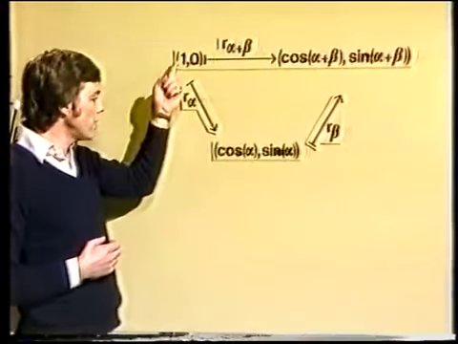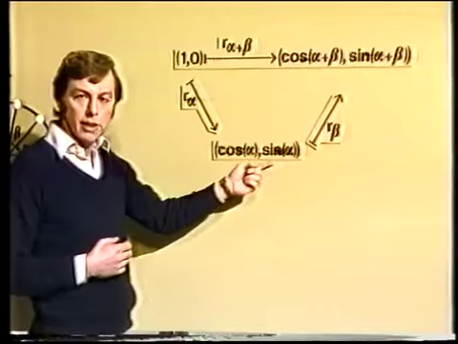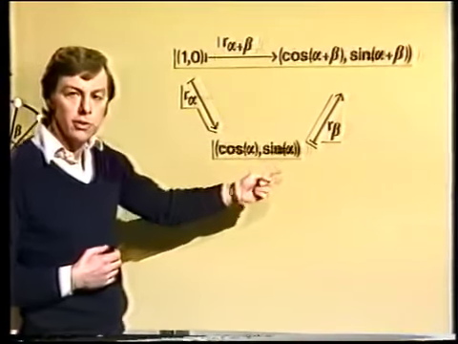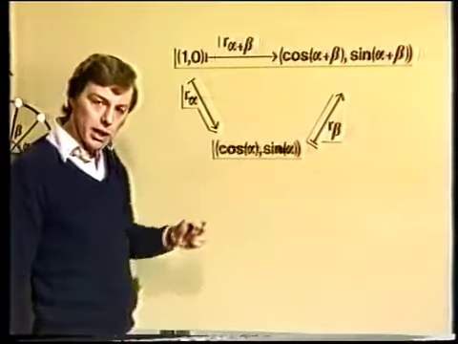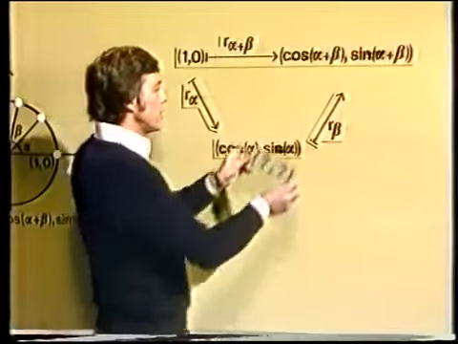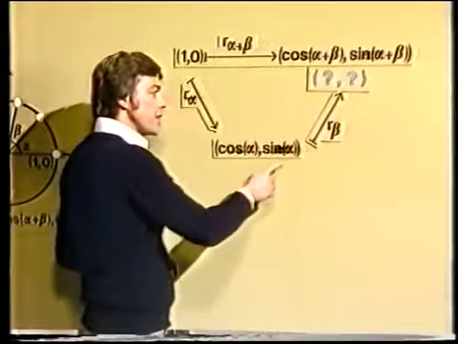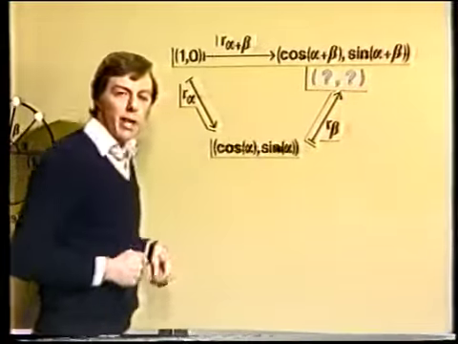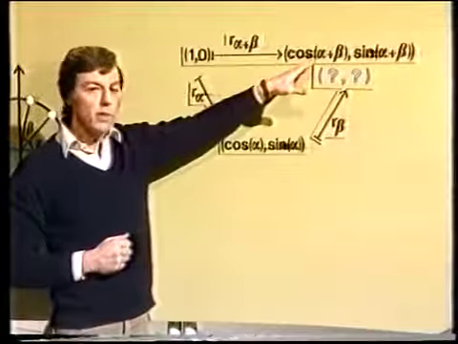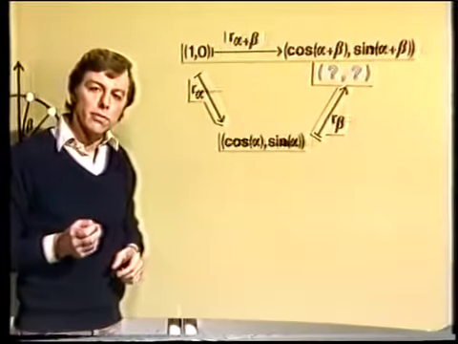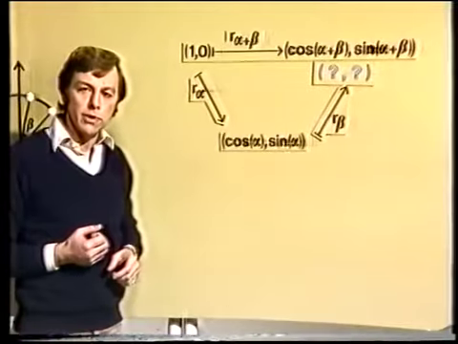Or we can rotate (1, 0) through alpha, and that'll give us (cos alpha, sine alpha), and then rotate this point through beta. Now, if we knew what coordinates r beta sent this point to, then we'd have an alternative form for the coordinates of this point. And it's this alternative form which will give us the formulas we want.